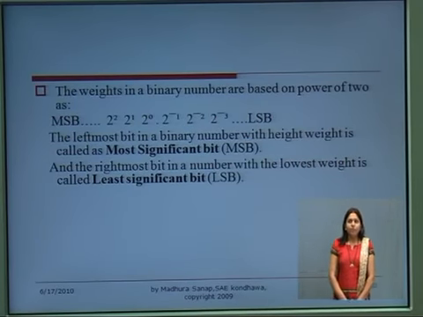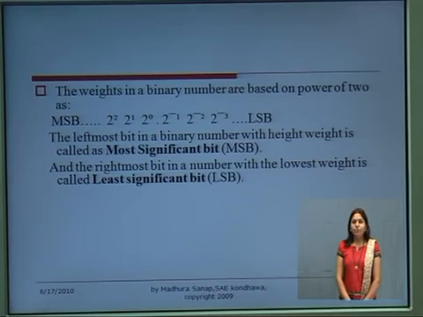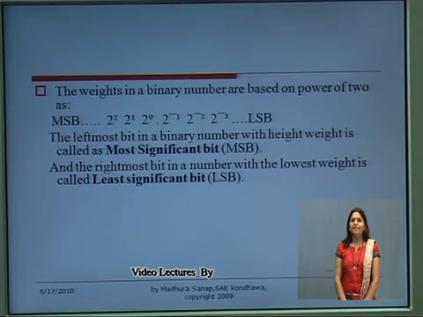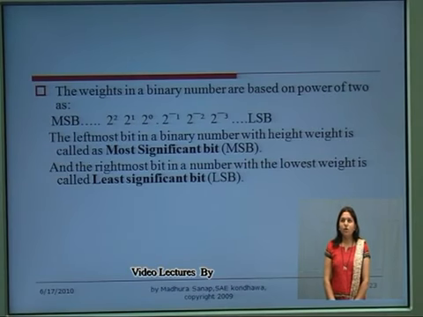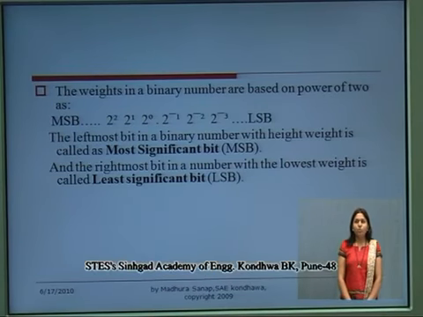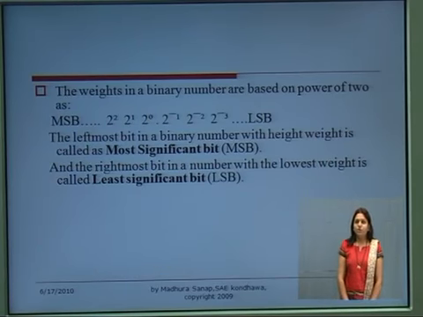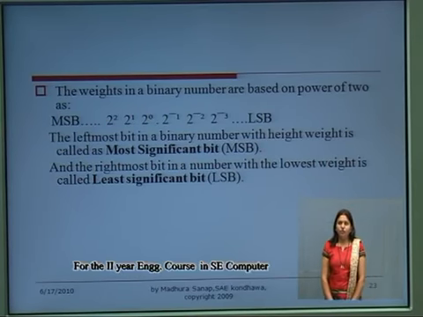Again keep integer part and fractional part separate. The dot is given as the separator, so the integer part is 2 raised to 0, 2 raised to 1, 2 raised to 2 onwards. From 2 raised to minus 1, minus 2, minus 3 is your fractional part.